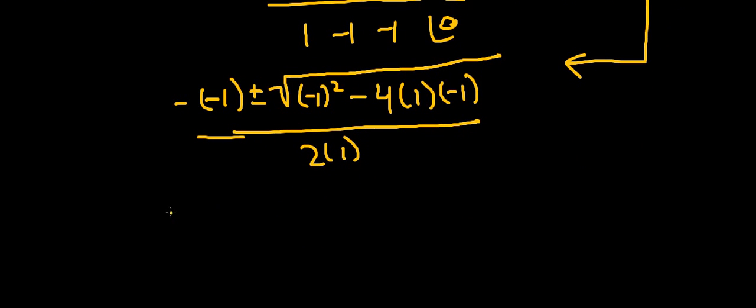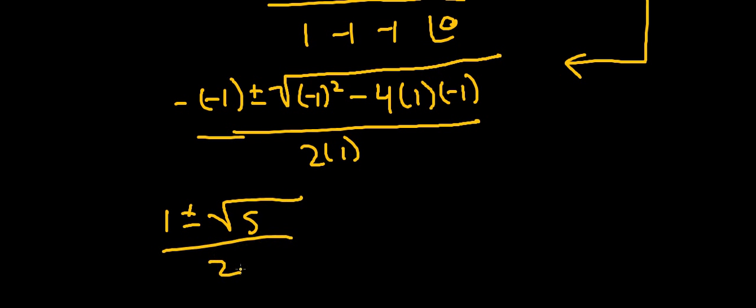So this is going to simplify into 1 plus or minus the square root of, this is going to become positive 4, so I didn't need to make it that long, 5, and then over 2. So it has two more real zeros of 1 plus or minus the square root of 5, divided by 2.